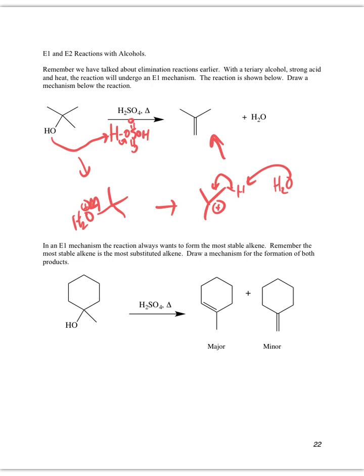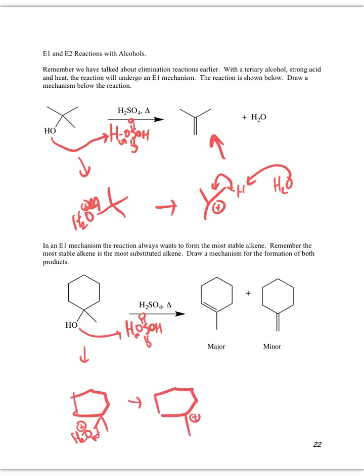We can also draw an E1 where the hydrogens we need to take off are different types of hydrogens. We have to decide what can happen in that. In the lower problem, we have sulfuric acid again, and we protonate the alcohol to make the good leaving group. This good leaving group can leave, forming the cation, since it's a tertiary leaving group. And then from this cation, we can take off either the hydrogen in the ring or the hydrogen on the methyl.